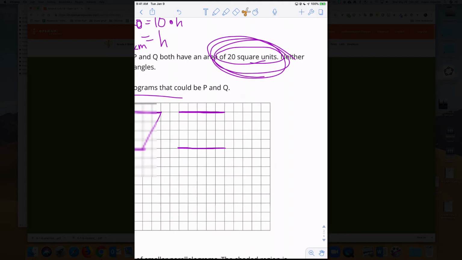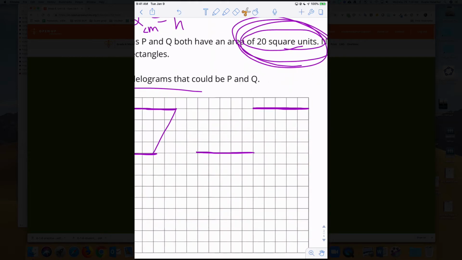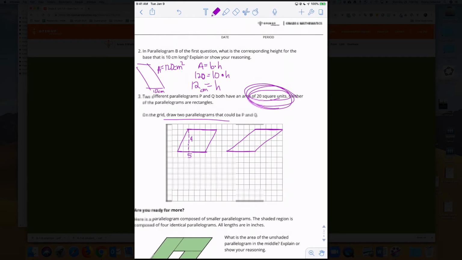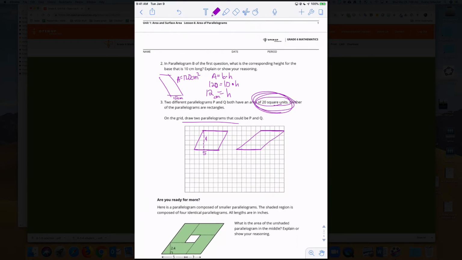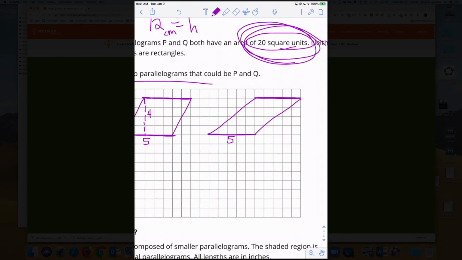But this time, I could really slide it and stretch it out, and all of a sudden I've got a different parallelogram, but still with that area of 20. So that has a base of 5 and a height of 4 units.